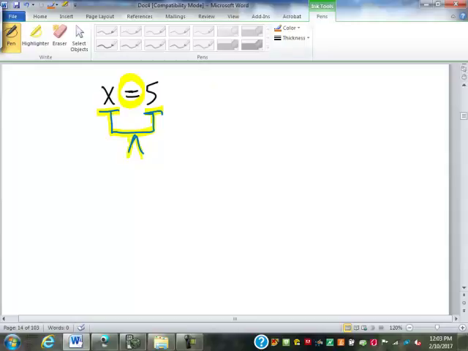So for right now, let's just do a simple one. Let's just add 7. So now this becomes x plus 7. Now when I add 7 to this side, this scale is going to tip unless I do what? Unless I add 7 to the other side. 5 plus 7 is 12.